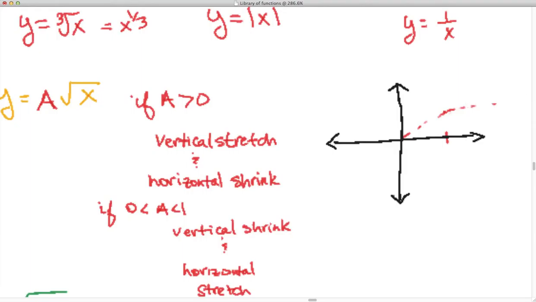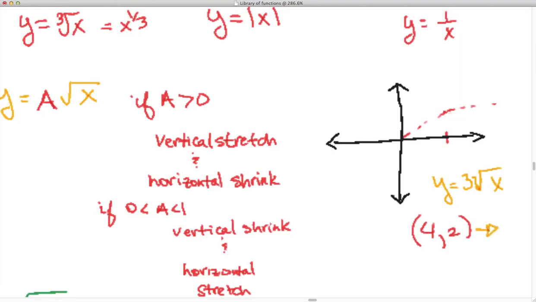Let's say we look at the function y equals 3 root x. And that's not a cube root, that's 3 times the square root of x. Well, that point that was 4 comma 2 is now going to transform into what?